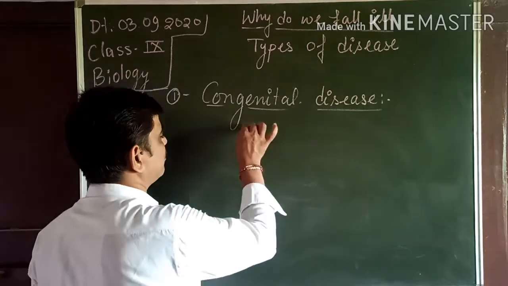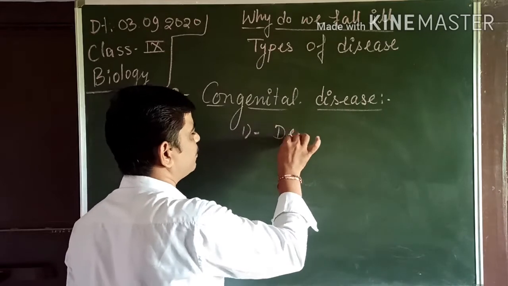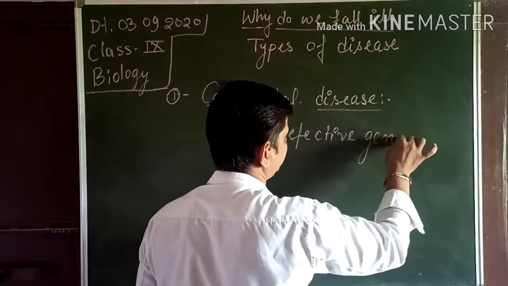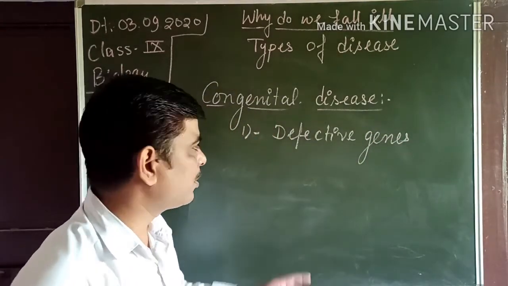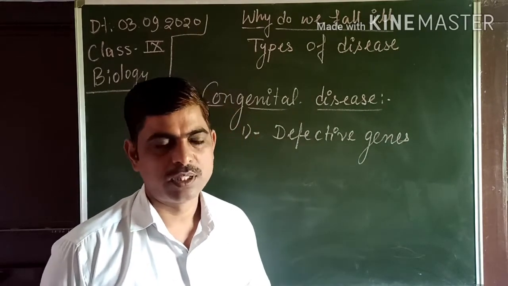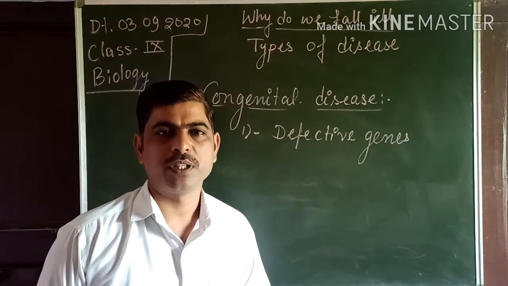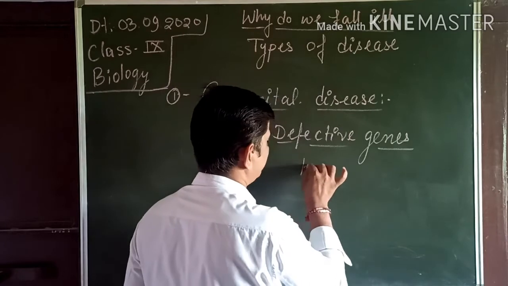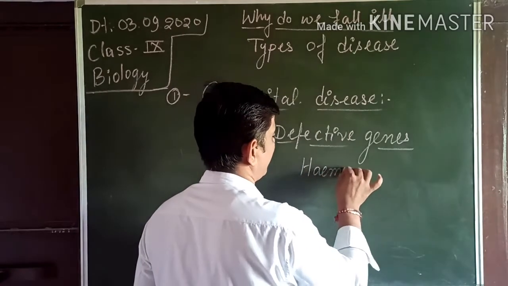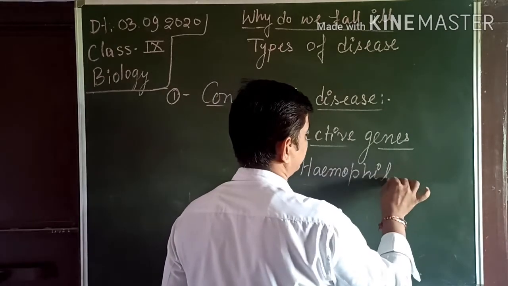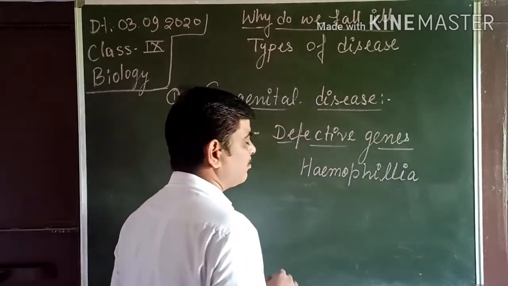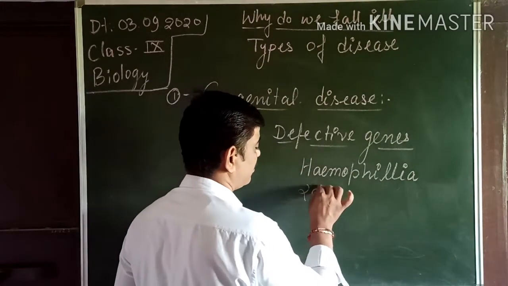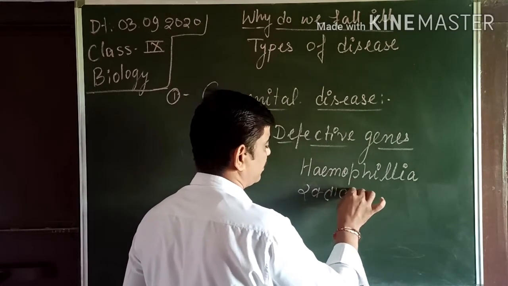How? Due to defective genes, because it received a defective gene from the parents and that disease continued to the offspring also. Okay, you can take here the example of hemophilia. Hemophilia in Hindi is called raktalpita.